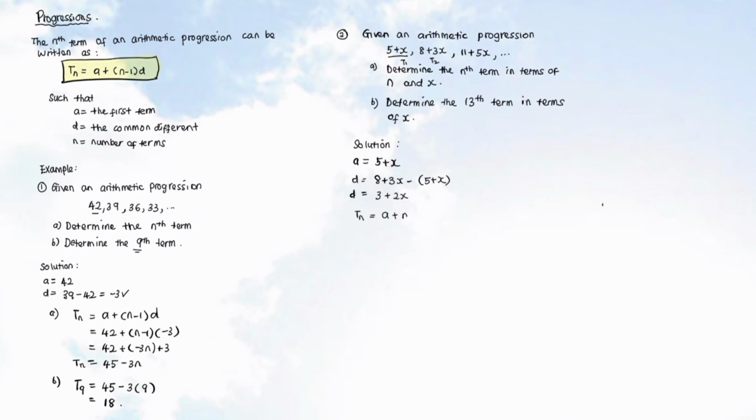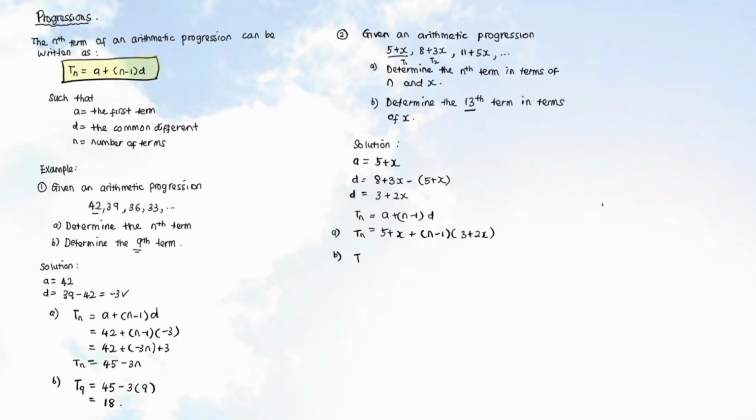So Tn is equal to a plus (n minus 1)d. Substitute 5 plus x plus (n minus 1), d is 3 plus 2x. Leave it in this form and do not expand.